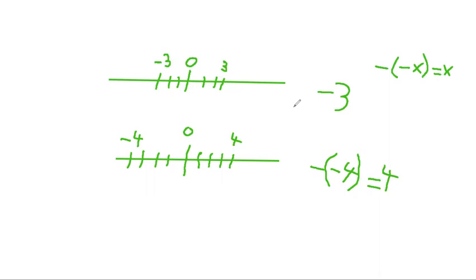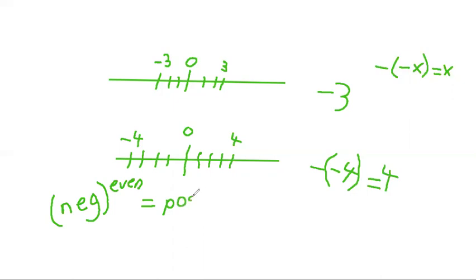Now, y'all, a couple of corollaries from this result. If you have a negative raised to an even power, that will be equal to positive, because that's just a double reflection, which puts you back in the same position.